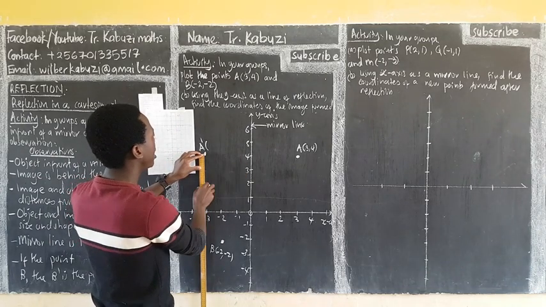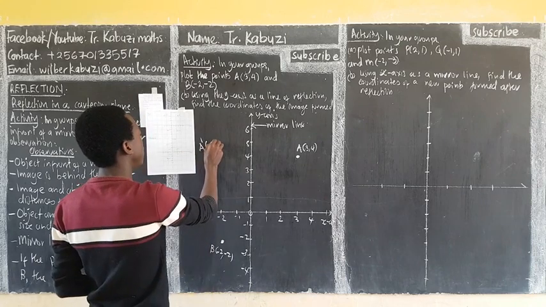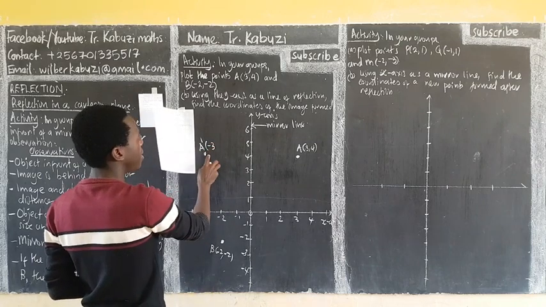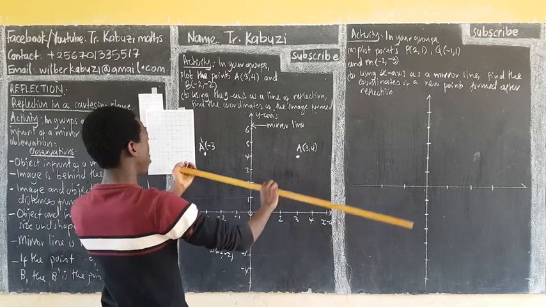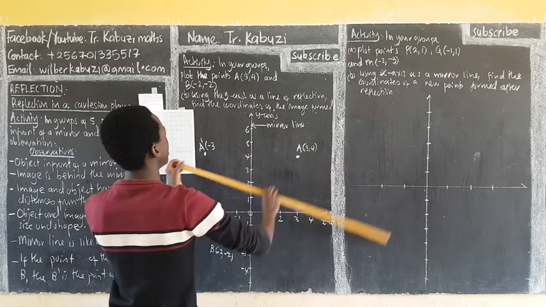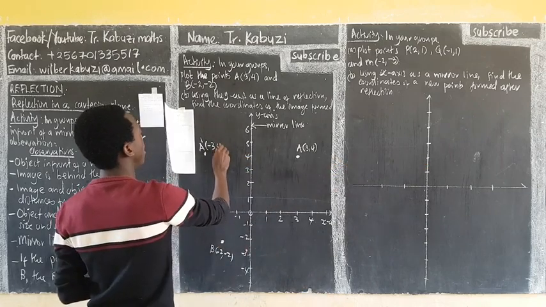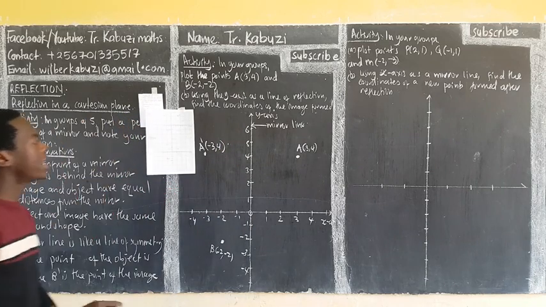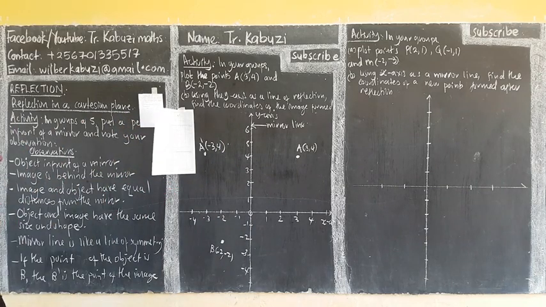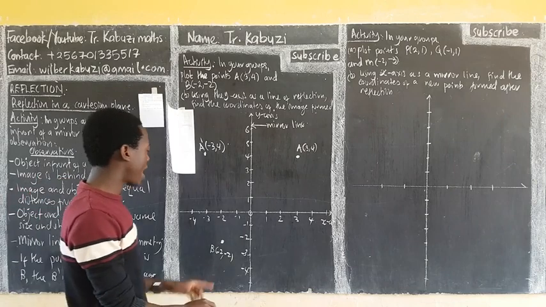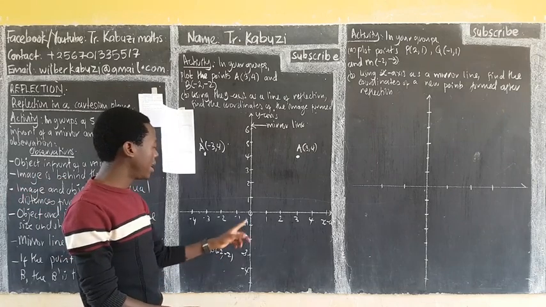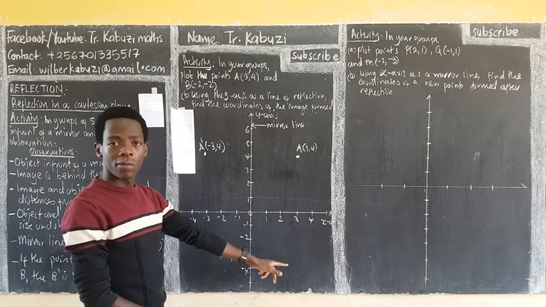Then the y is 4. So negative 3 from here. Then my y is 4, 4. That is our case. Are we there? Then now here we have this as the object. So meaning this is the mirror. So the image is going to be behind.